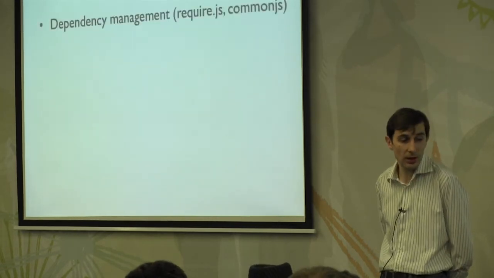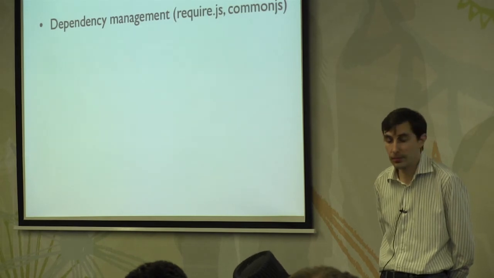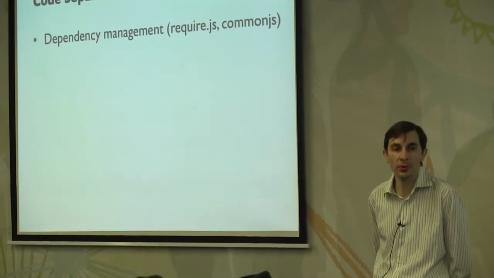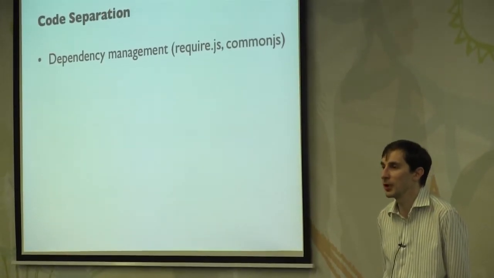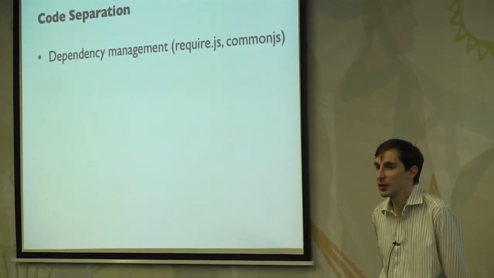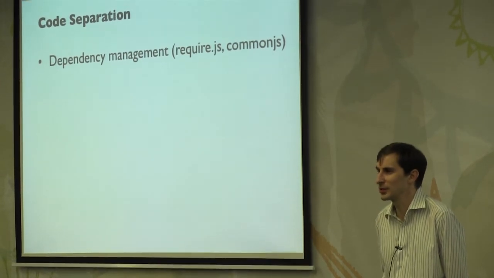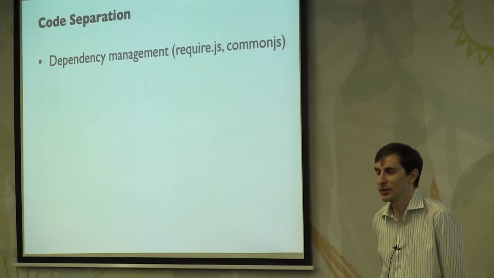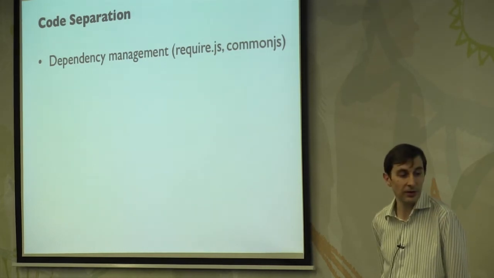Let's talk back about code separation. Separate your code. Elon will talk a little bit more, so I'll skip this. But don't be afraid of files. One file, one job. Learn from Java. One file, one class. That's it. Don't be afraid.